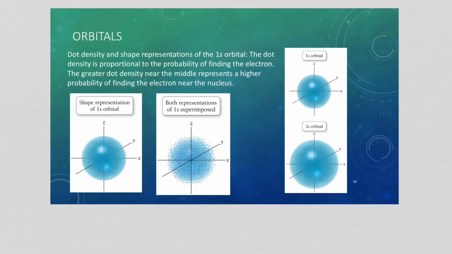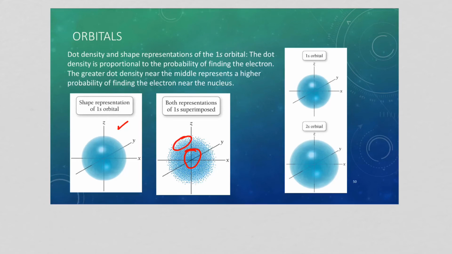Now, there's different ways to represent orbitals. We can represent them as solid geometric shapes, which is often how we picture them, right? They can be represented as those strike zone ideas with all the dots, right? That would be, if we were to take this dot diagram, that represents the probability of finding the electron in that particular area. So we can see in the 1s the dots are closer together here, closer to the nucleus. So we've got higher concentration, more likely to find the electron there than where the dots become less frequent out here, right?